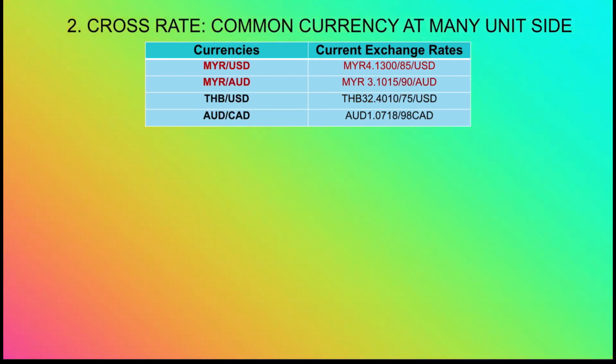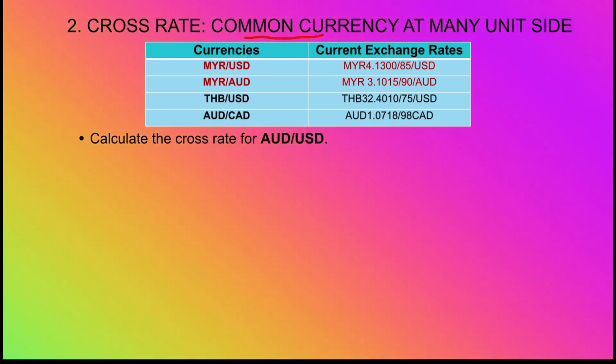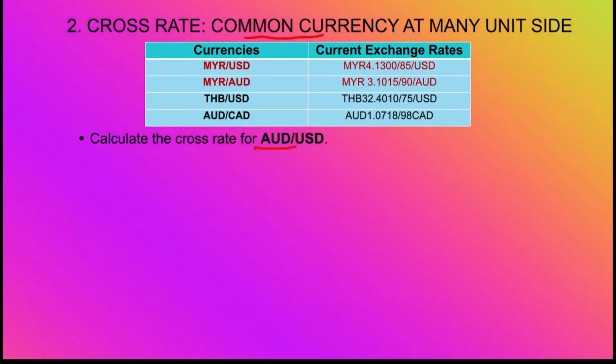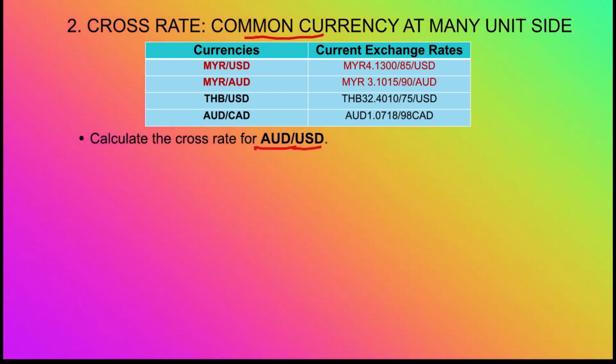Next, we move to the second way, which is common currency at many side units. For this example, we need to calculate the cross rate for AUD per US dollar.